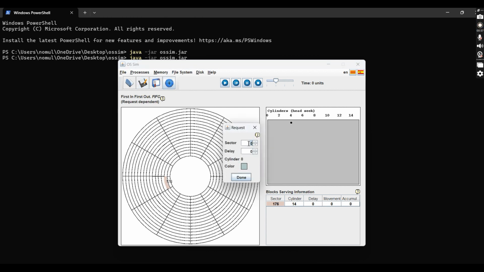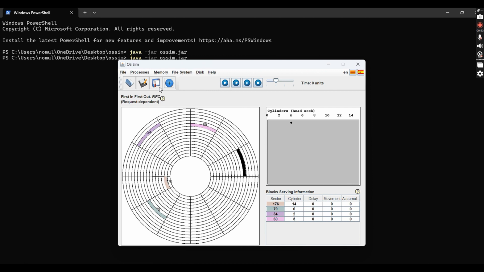So we are doing this execution in the OS simulation tool. Open a command prompt. In this command prompt, we write the command line java -jar. After clicking enter, it will open a simulation tool. You have to select the OS sim.